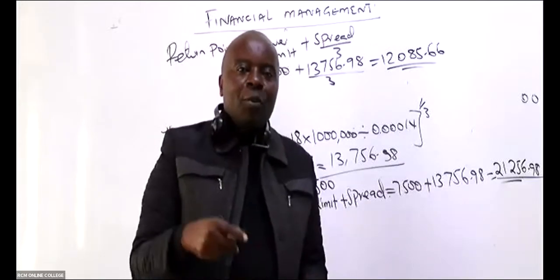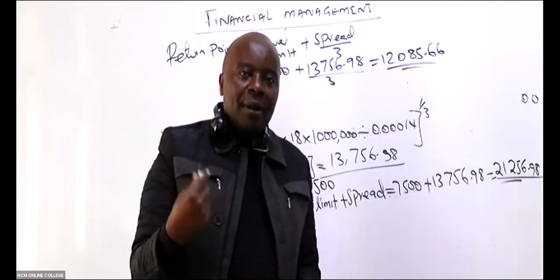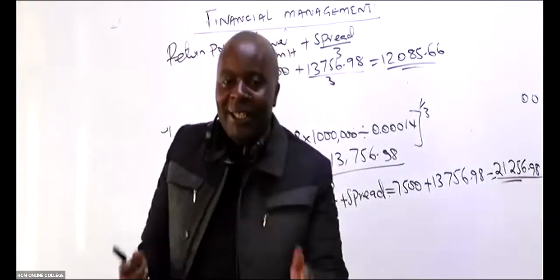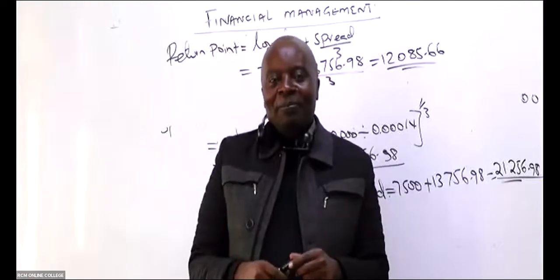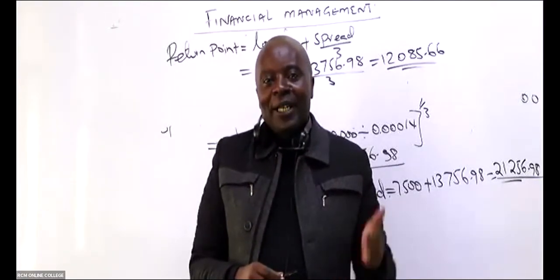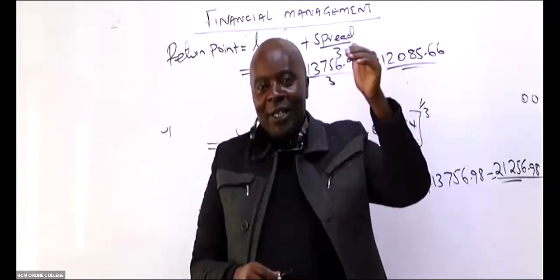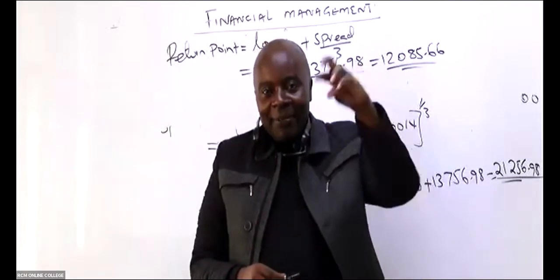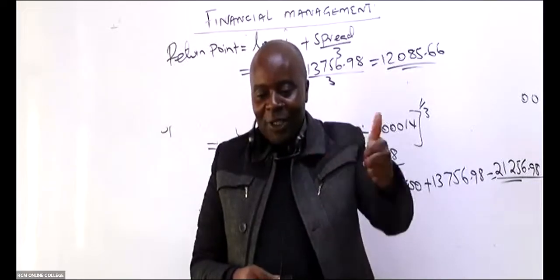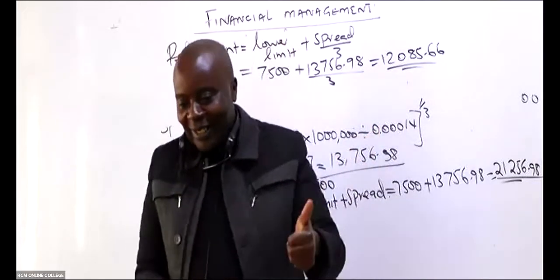So perhaps this formula could be new to you, but my question will always be, have you been able to master now this concept of Miller-Orr? How to get, in this case here, the spread, upper limit, and the return point, where you return. Have you mastered it? Do you think now it's something you can go and study?